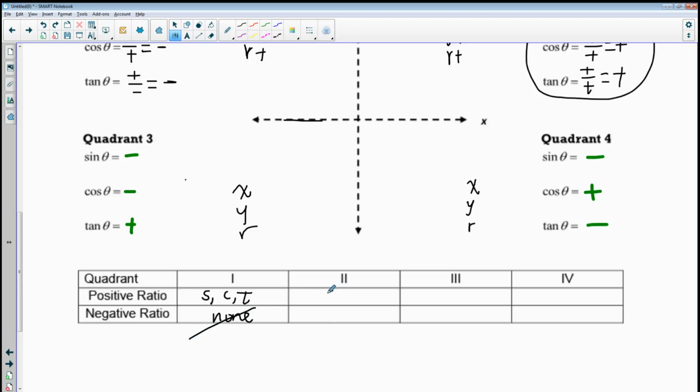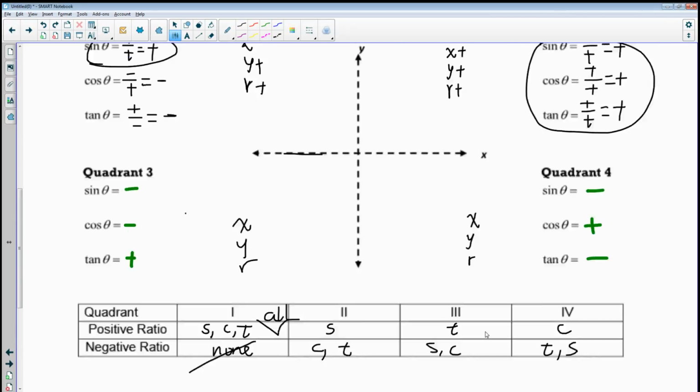Quadrant 2, only sine is positive. Cosine and tangent are negative. In quadrant 3, only tan is positive. Sine and cosine are both negative. And in quadrant 4, only cosine is positive, tangent and sine are negative.